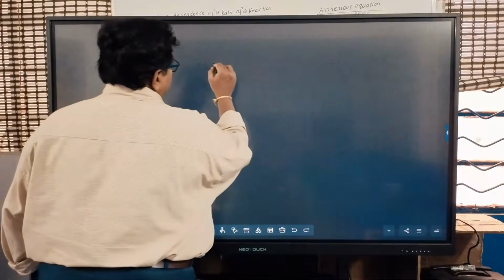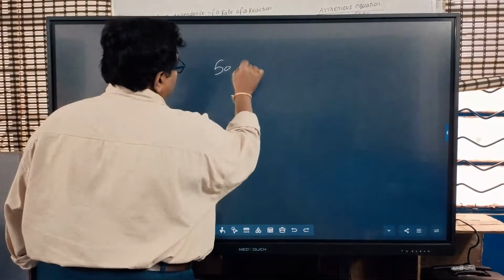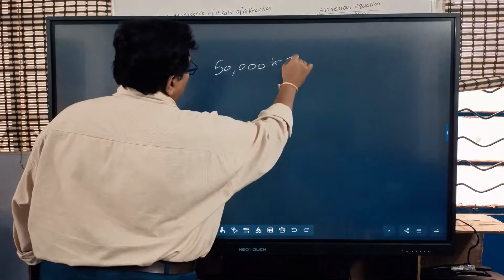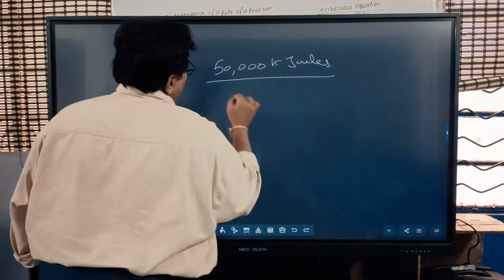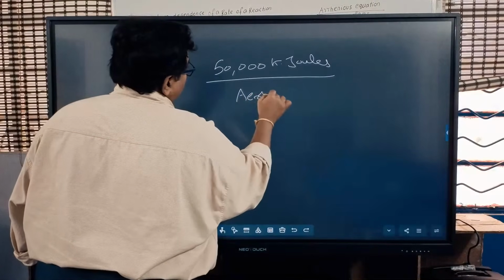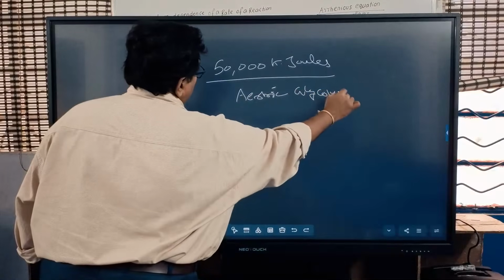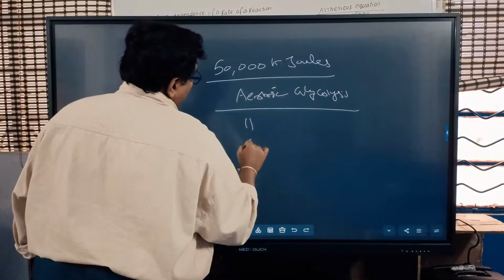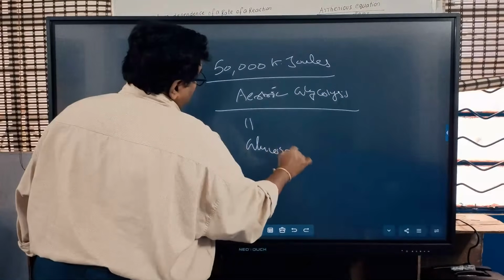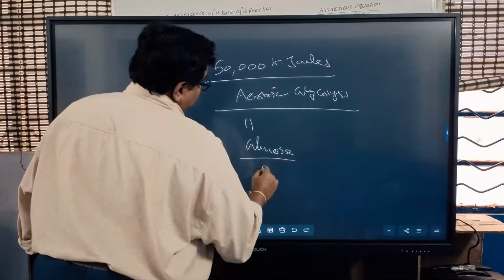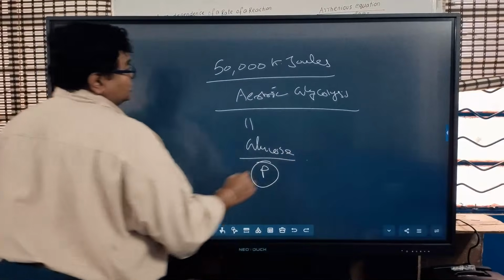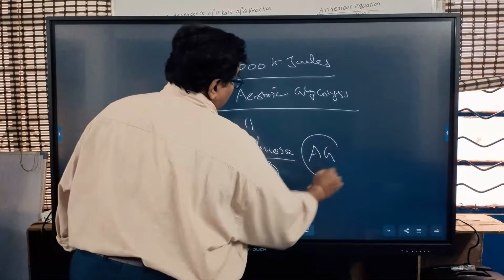Now, if they are giving 50,000 kilojoules formed in aerobic glycolysis, you should calculate how many glucose participated. This is the homework for you.